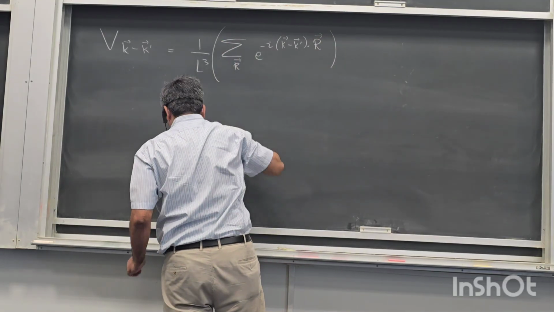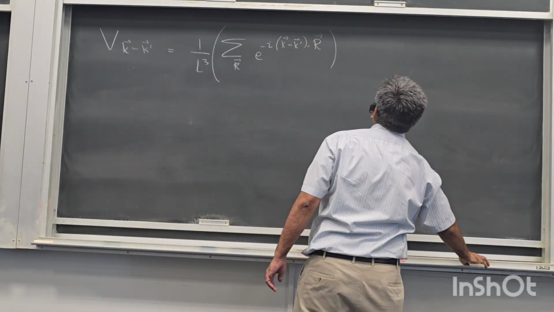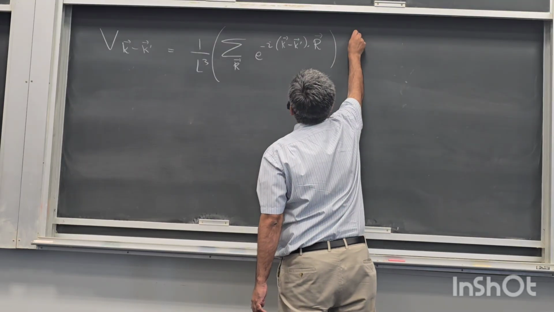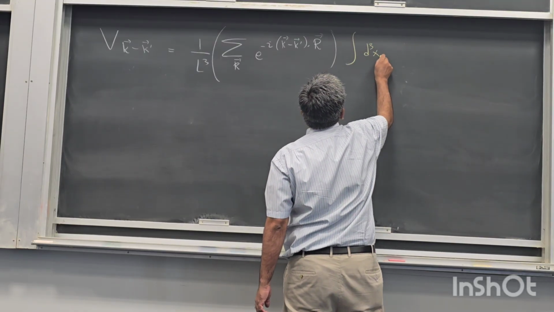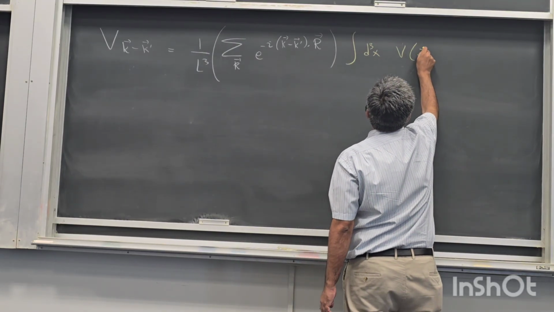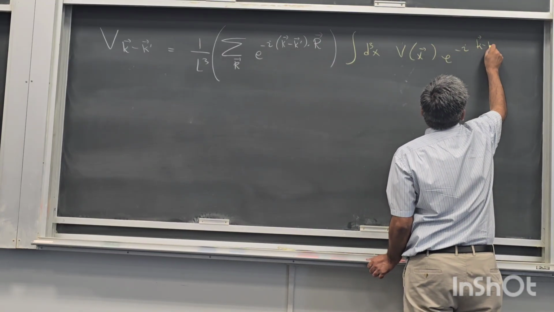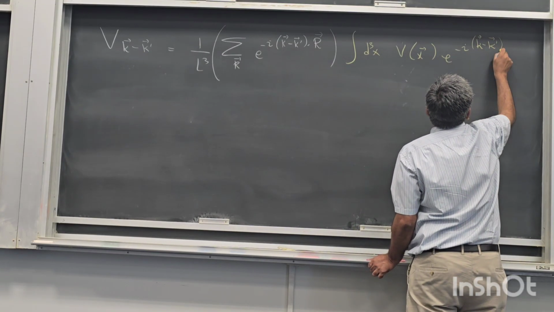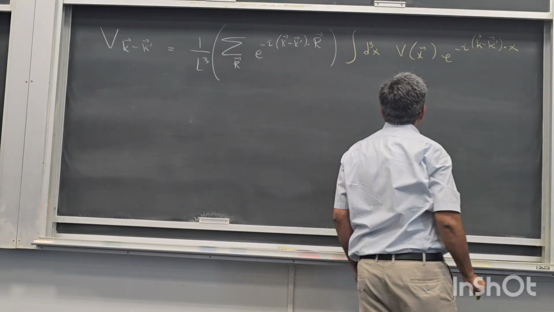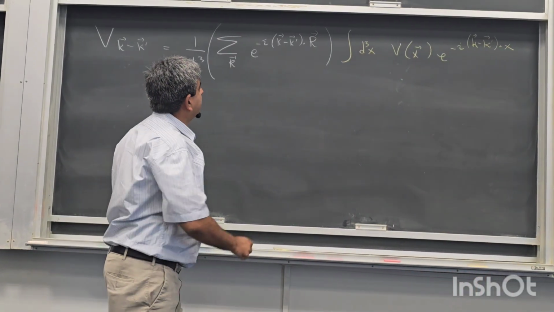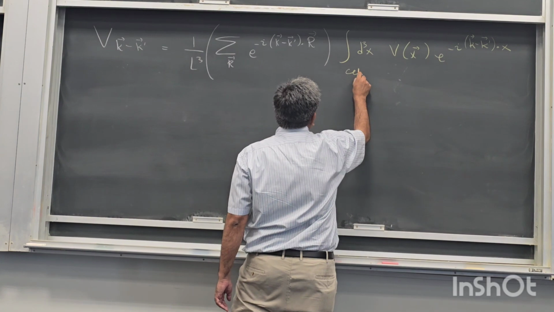Put this in a bracket of its own: the integral d cube x V of x e to the minus i k minus k prime dotted with x. This is over a unit cell.